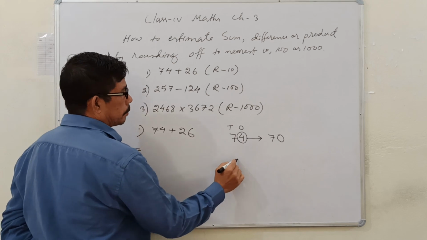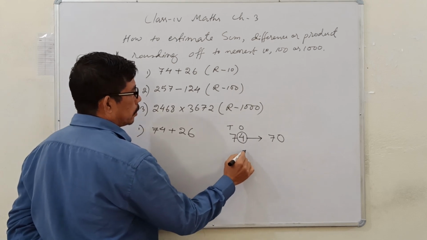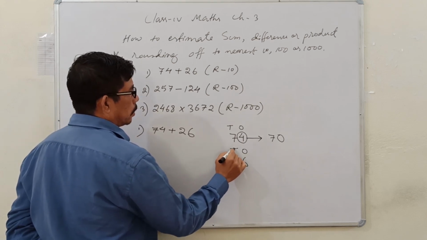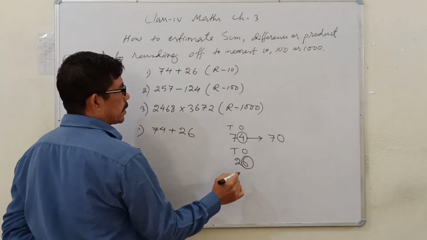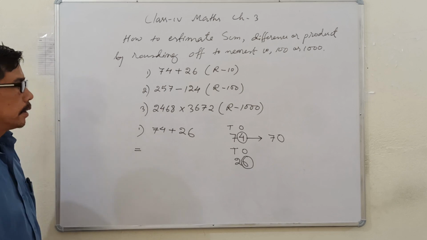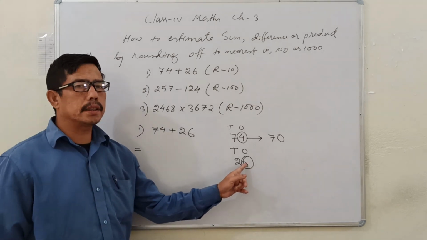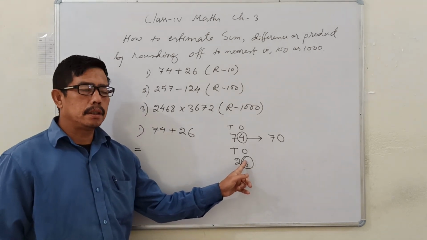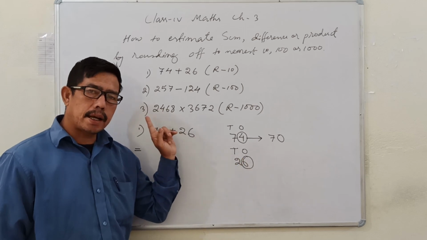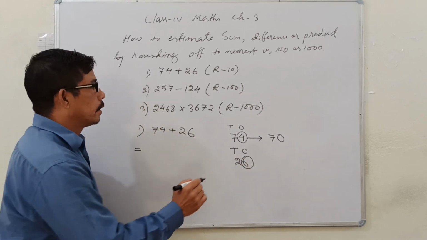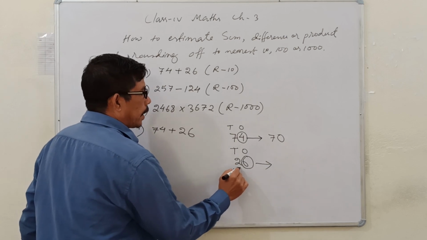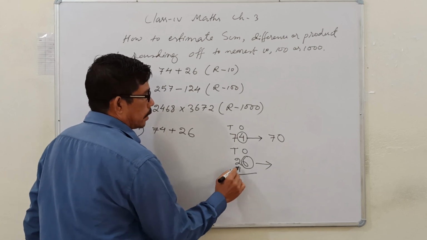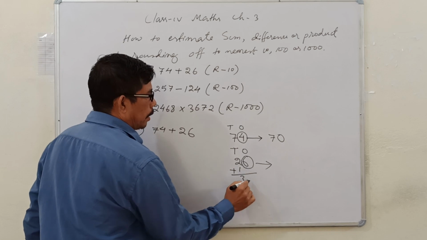And second number. We also will examine the digit in 1's place, which is not less than 5. If the digit is not less than 5, then 1 will be added to the next digit. That is, it becomes 3, and this will become 0.